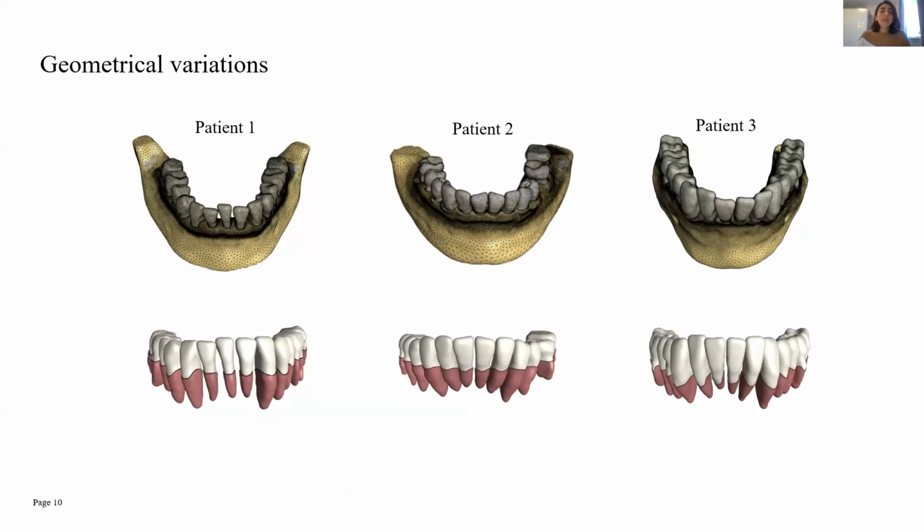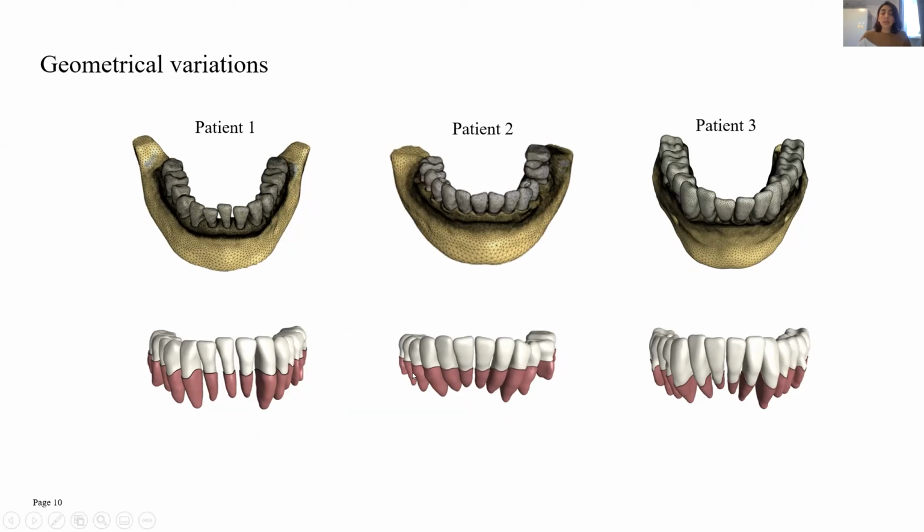But if we compare the geometries of different patients, we can see that the bone geometries of the patients are changing, and also we can see high differences in the shape of the teeth geometries as well.